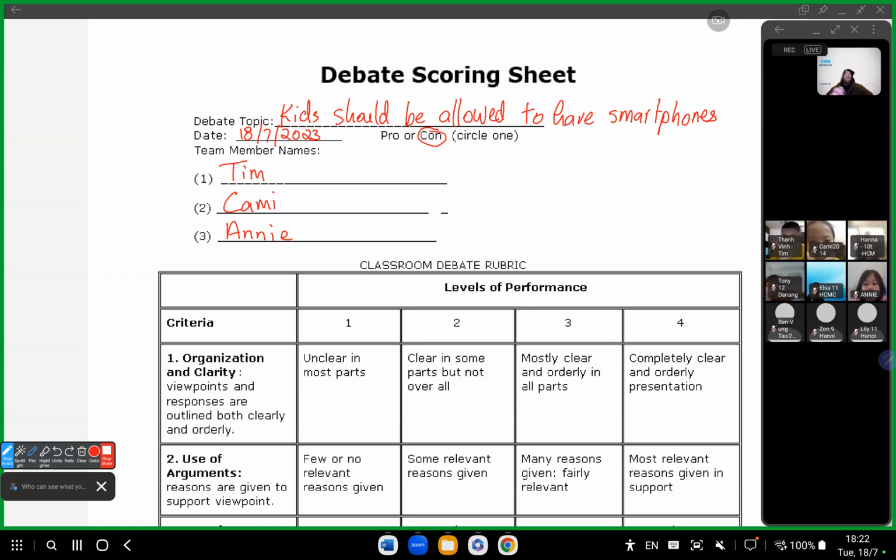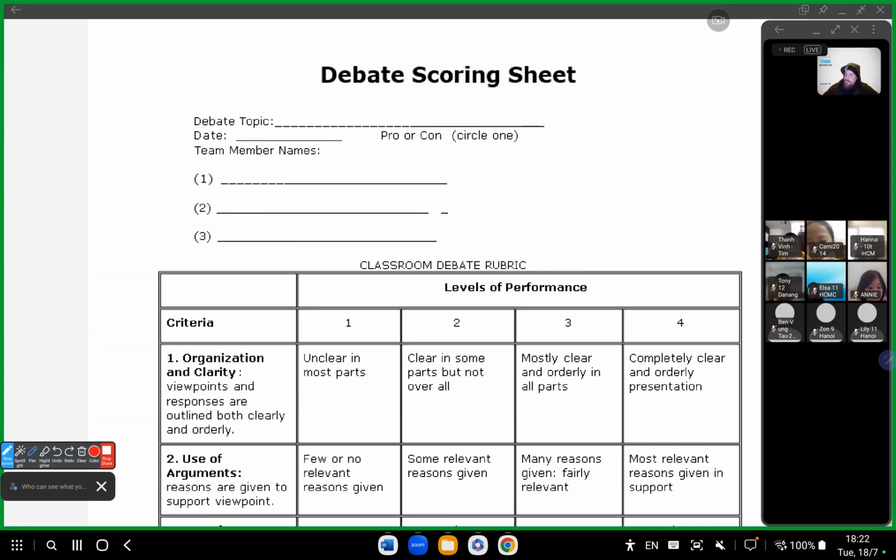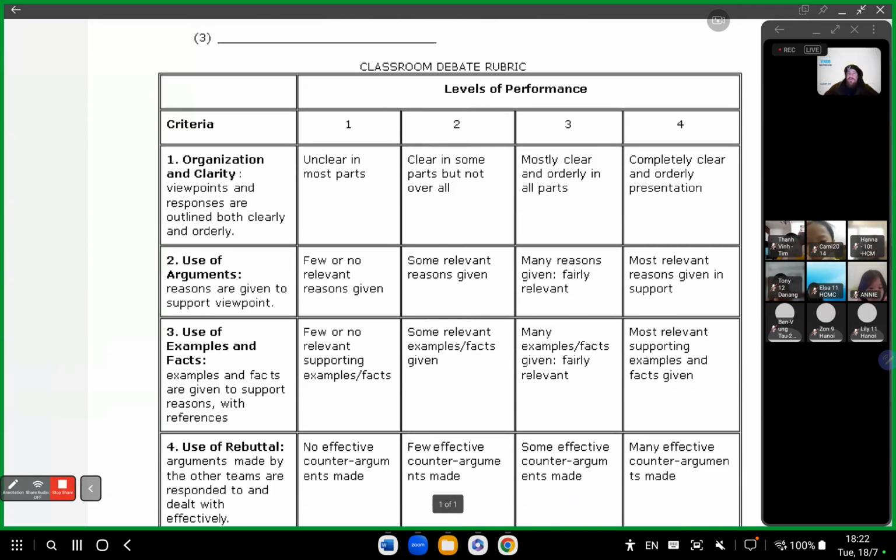So, as we see here, the judges will fill out the top so they know which team, which debate they are marking.